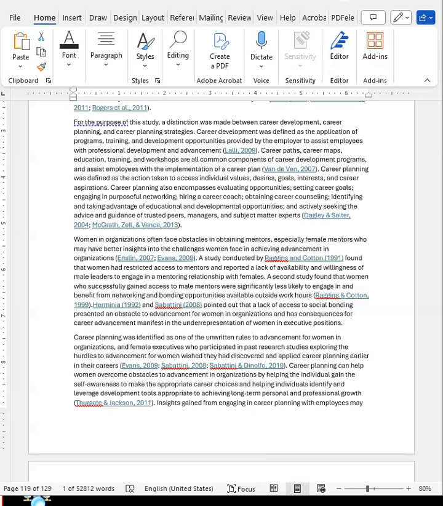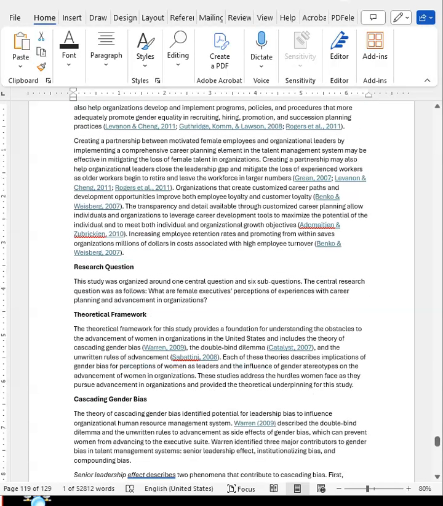Insights gained from engaging in career planning with employees may also help organizations develop and implement programs, policies, and procedures that more adequately promote gender equality in recruiting, hiring, promotion, and succession planning practices. Levanon and Chung, 2011. Guthridge, Komm, and Lawson, 2008.